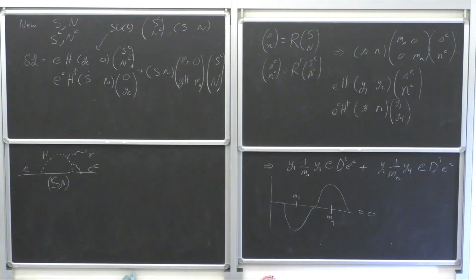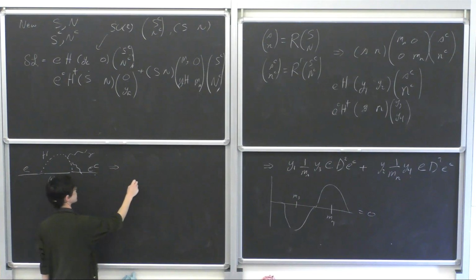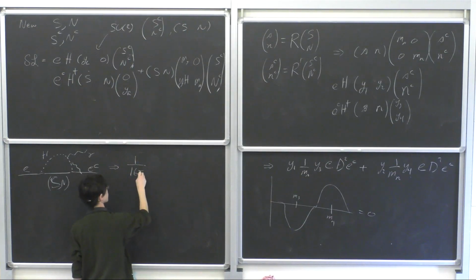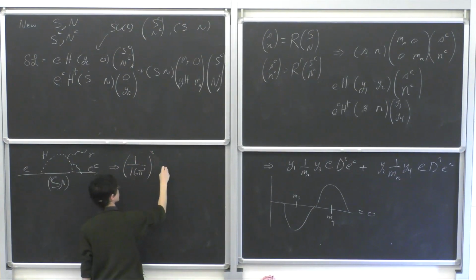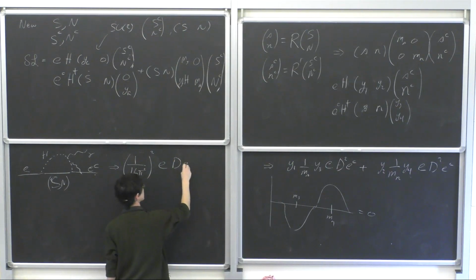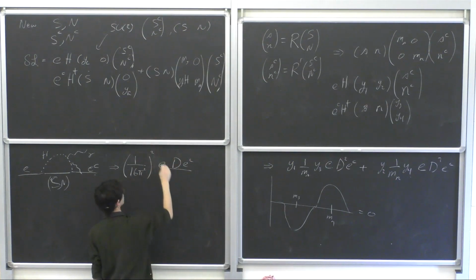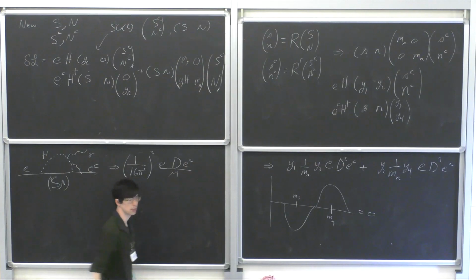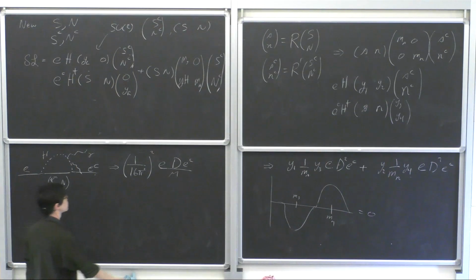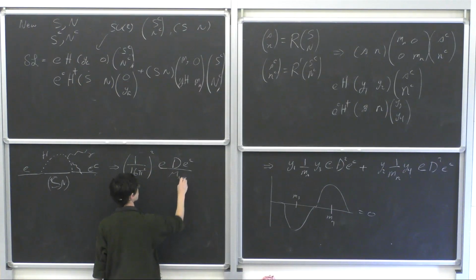You're going to get logs, and it's going to be non-zero. So this means you have 2 loops, 1 over 16 pi squared, e d e conjugate, over whatever typical mass scale is in the problem. Let's just choose all the fermions and everything to have the same mass. Just call them the same mass mu.